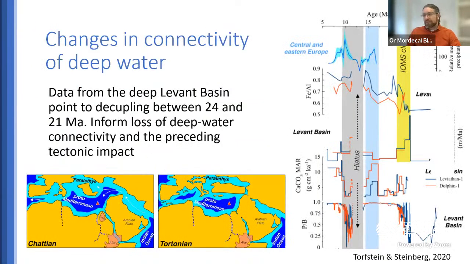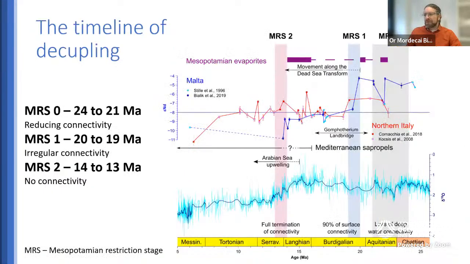Since I did this work, some more data from the deep basin by Torsten and Steinberg came out, suggesting that deep water connection might have been lost earlier, somewhere between 21 and 24 million years. So this is where our current scheme for connectivity is.